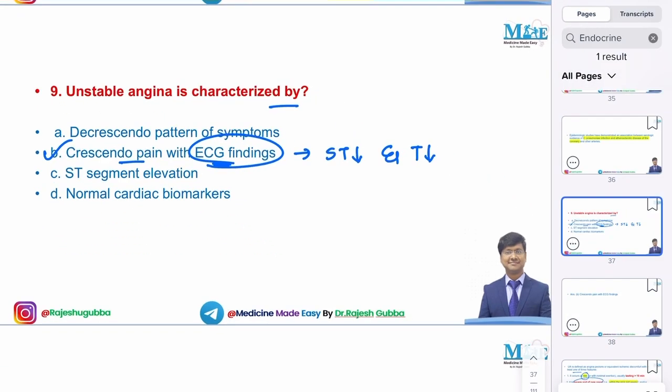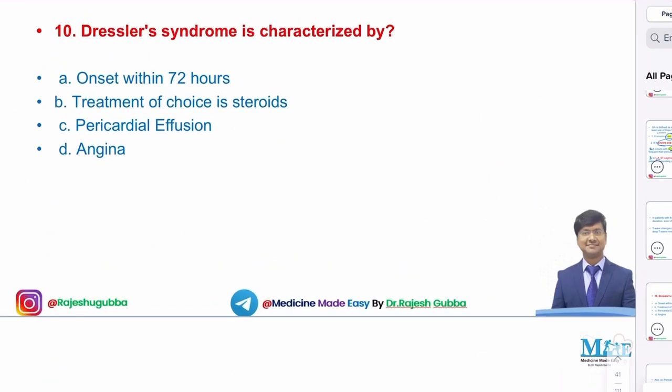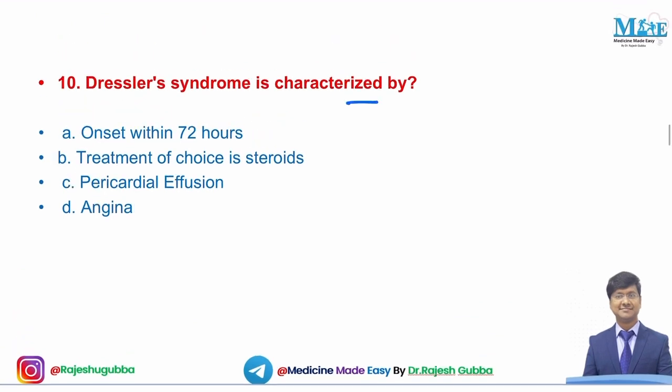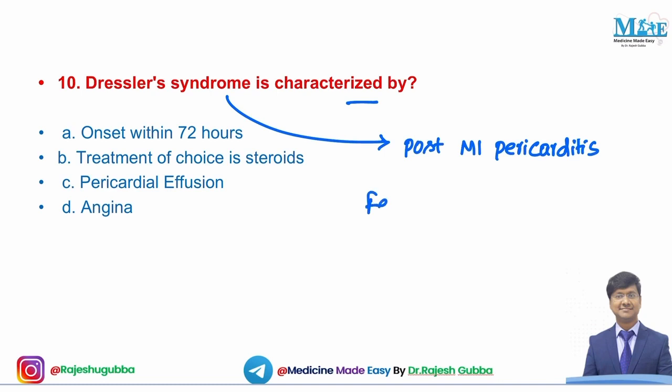Next question is, Dressler syndrome is characterized by onset within 72 hours, treatment of choice is steroids, pericardial effusion, and angina. See, what is this Dressler syndrome is? Dressler syndrome, it is a post-myocardial infarction pericarditis. And these patients, they are characterized by a triad. What will be the triad is the presence of the fever, then there will be pain, but the pain will not be like angina.